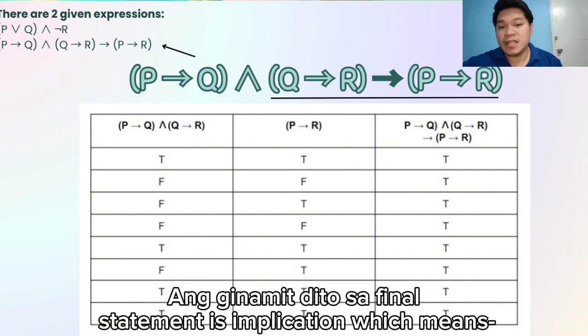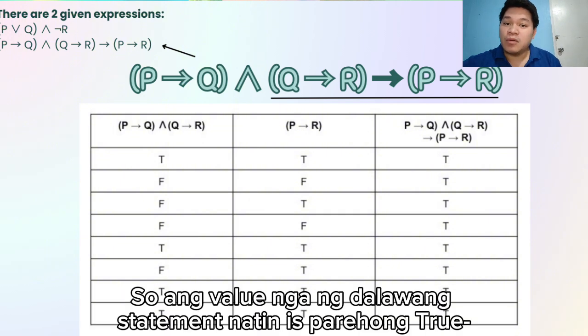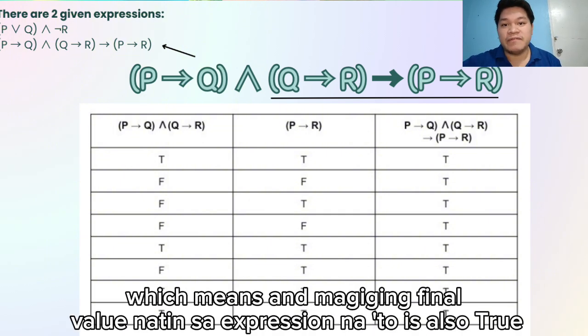Ang ginamit dito sa final statement is implication, which means if the first input is true, then the second input must also be true for the output to be true. So, ang value nga ng dalawang statement natin is parehong true, which means ang magiging final value natin sa expression na to is also true.